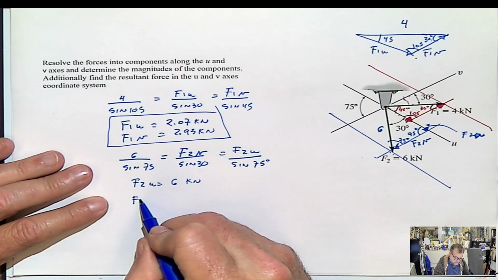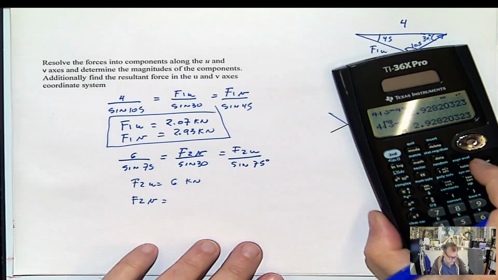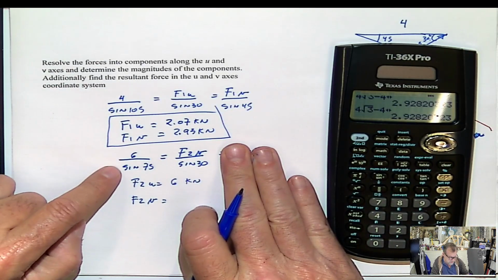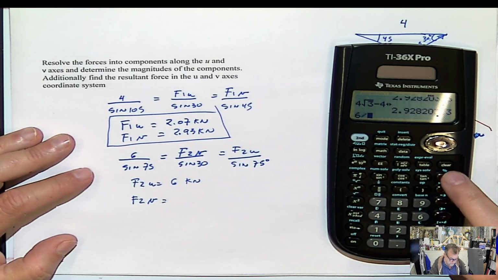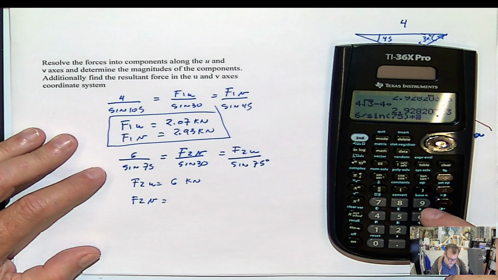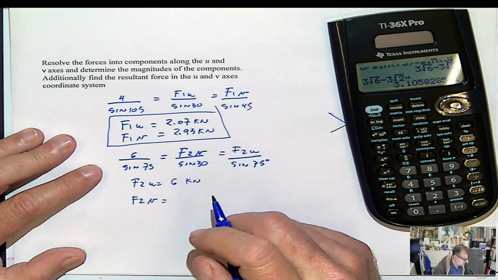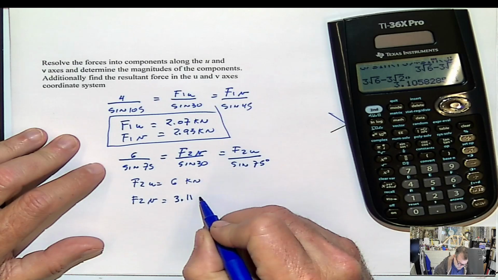And F2V, I'm going to do this one, so it's going to be 6 divided by sine 75 multiplied by sine 30, and that's going to be 3.11 kilonewton.